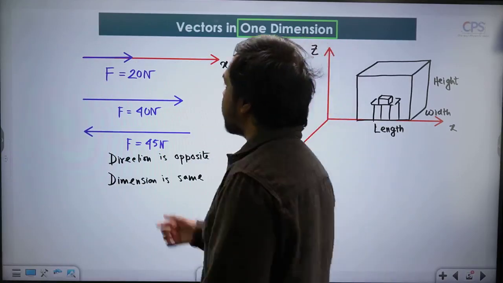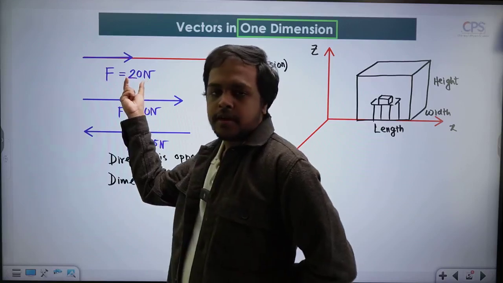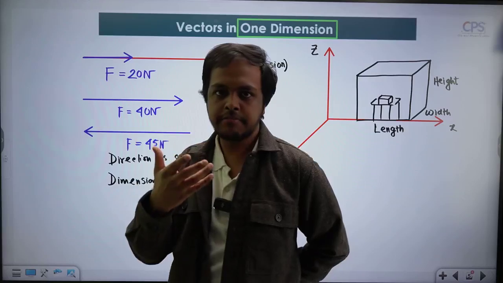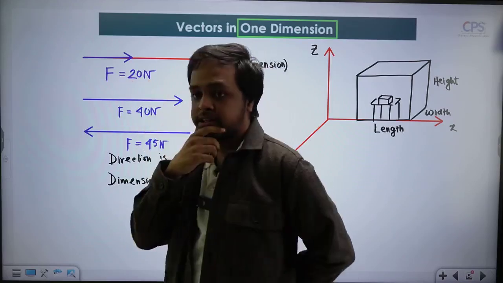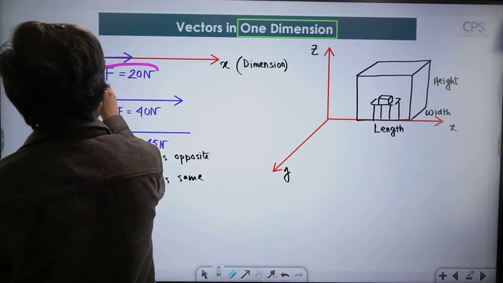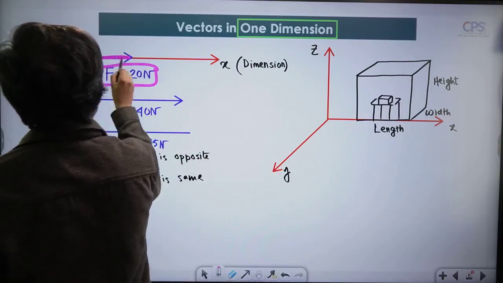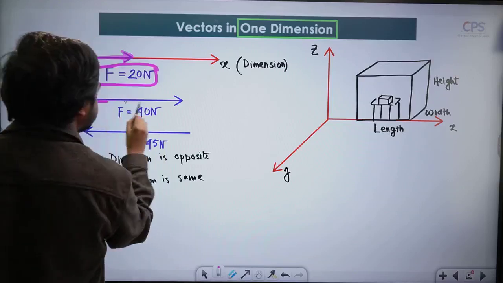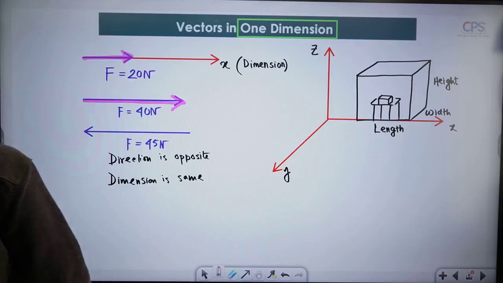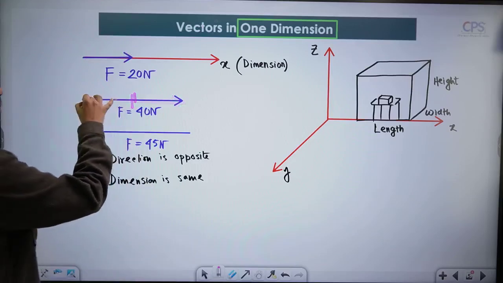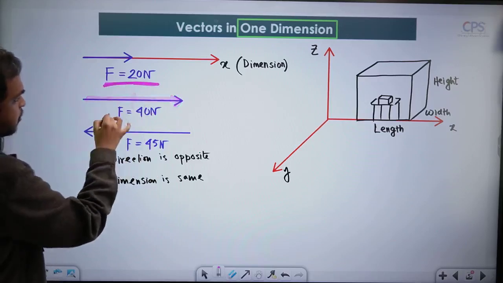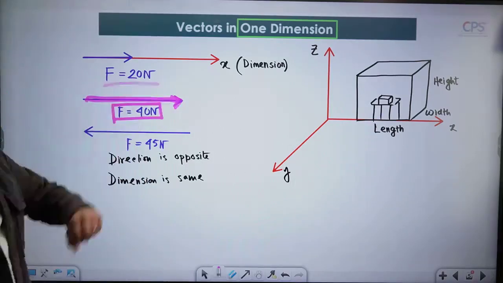Now another fun part about vectors. The value of the vector depends on the length of the diagram. I'm saying this is 20 Newton, that's why this 20 Newton is half of the 40 Newton. It has to be. On the flip side, the 40 Newton is twice the 20 Newton, so this is twice the length.